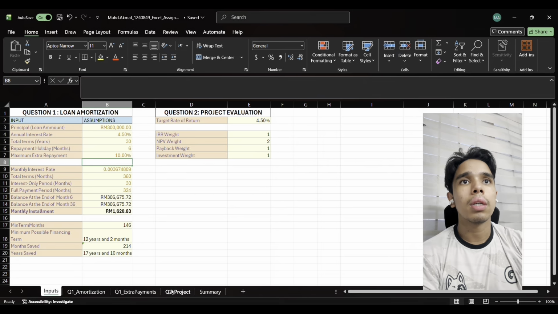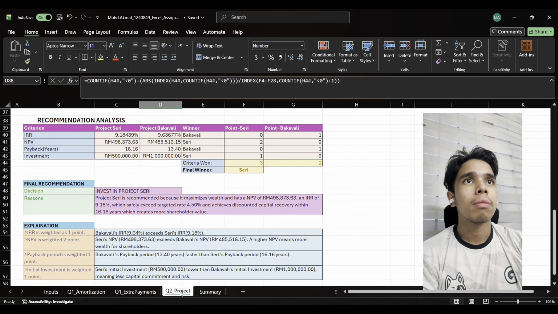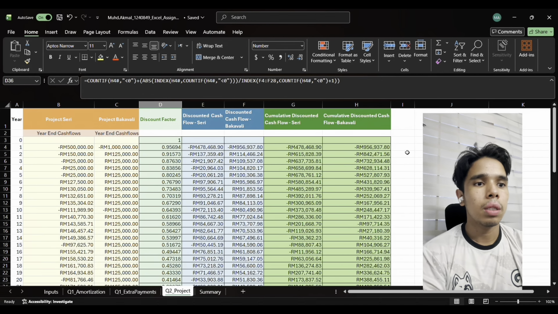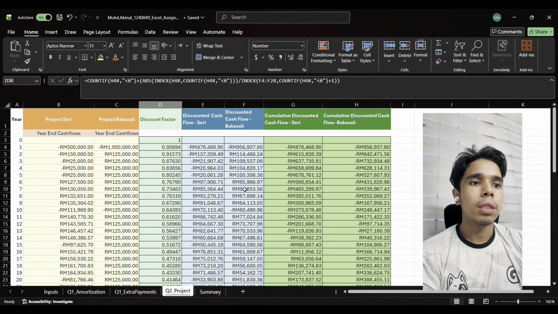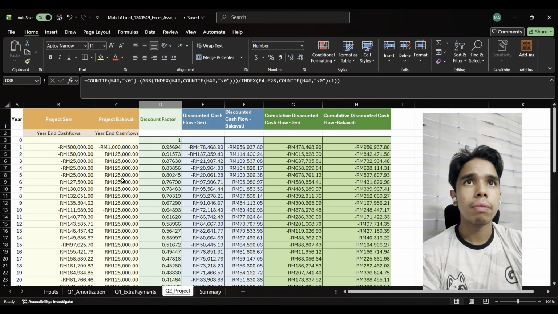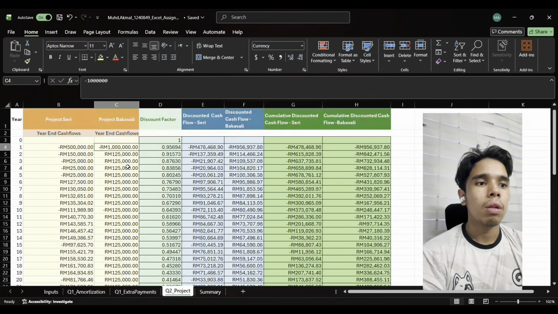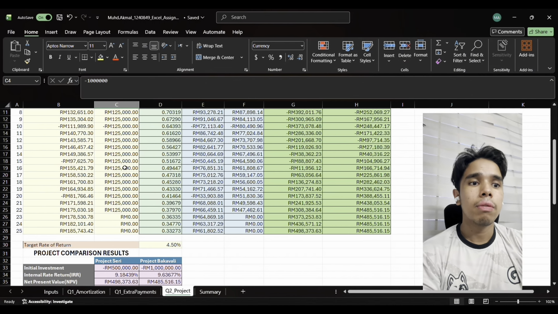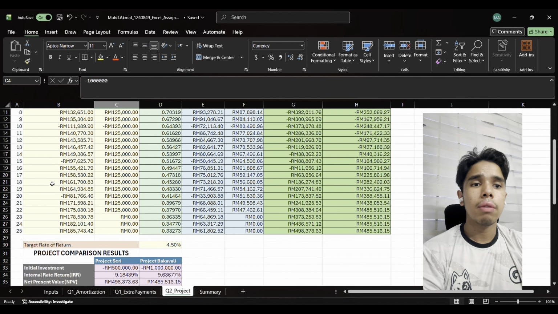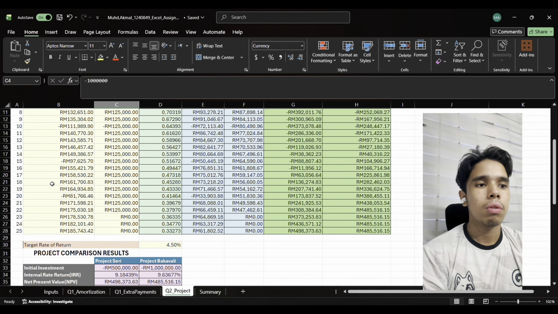So let's look at the question 2 projects. I entered all the cash flows from year 0 to year 25. It starts with the initial value for the project, like the question gives us. Both initial investments are negative because they represent the cash outflow.